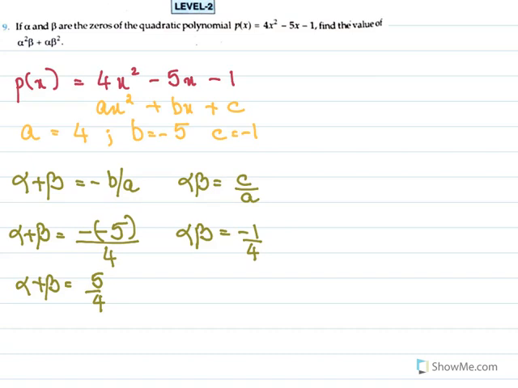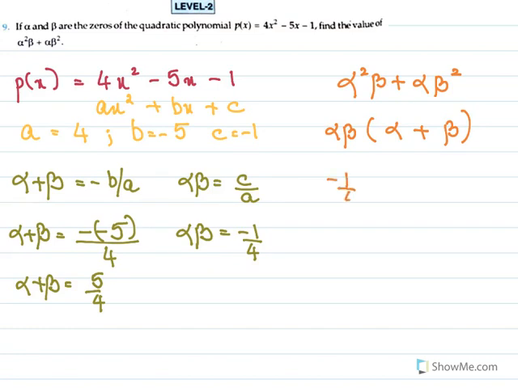Now we need to find the values of alpha square beta plus alpha beta square. Here we take common out alpha beta. What remains inside is alpha plus beta. Now let's put the values. First we're going to substitute for alpha beta. Alpha beta is minus 1 by 4.